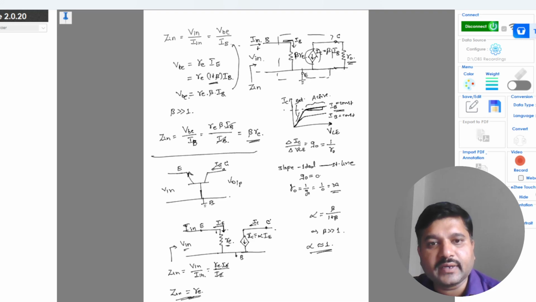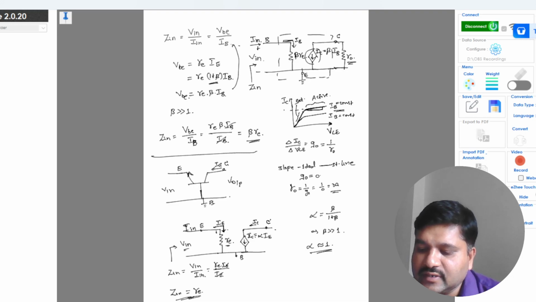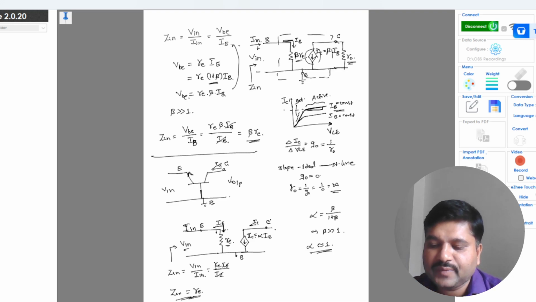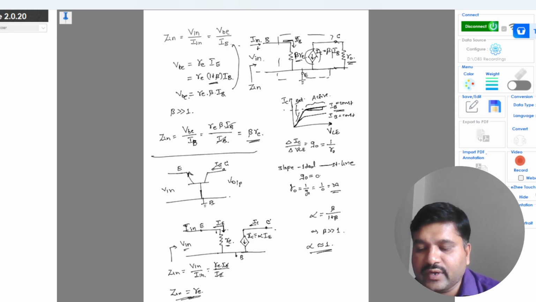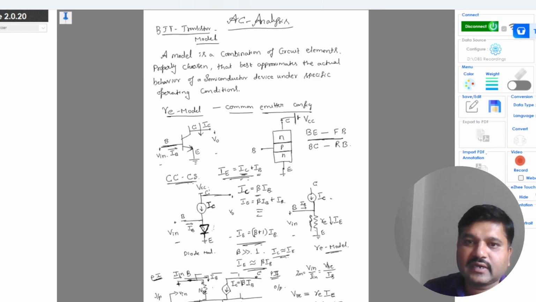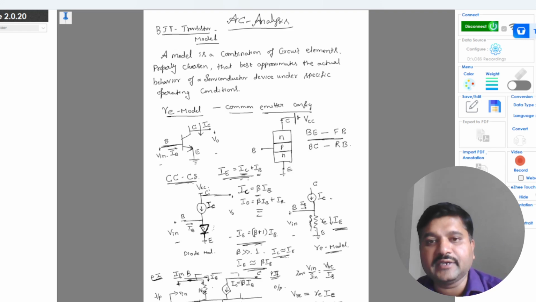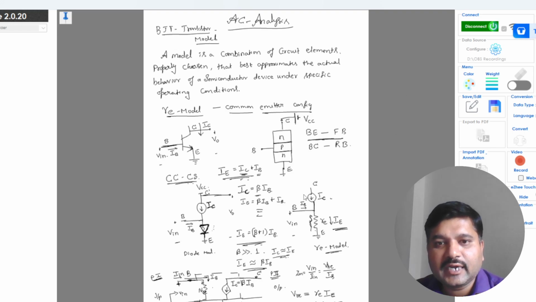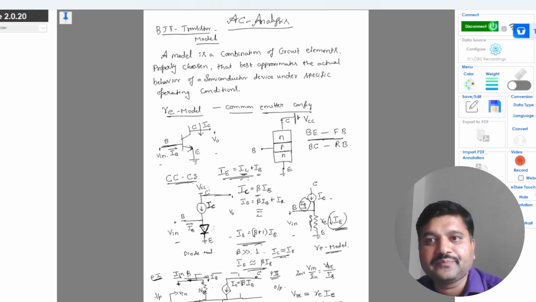in case of common base, whereas here in the common emitter the input impedance is beta RE, because the input current I in is nothing but IB. Okay, IB, and the current flowing in the resistance RE model is basically IE. So the input current is IB, whereas the current flowing through the resistance RE is IE.